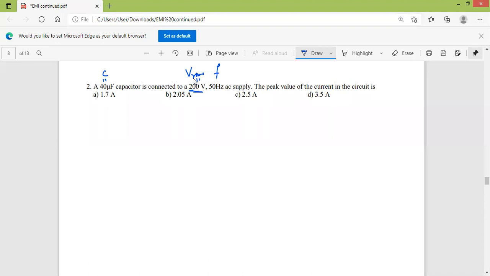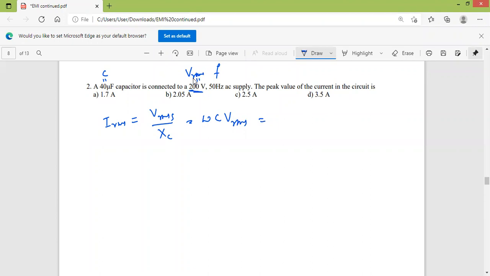Take IRMS. IRMS is equal to VRMS divided by XC. XC is the capacitive reactance, 1 by omega C. Therefore, it becomes omega C into VRMS.